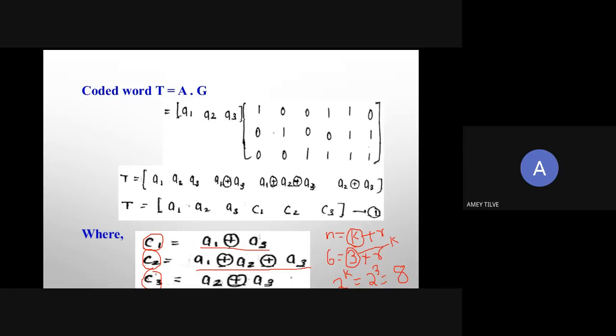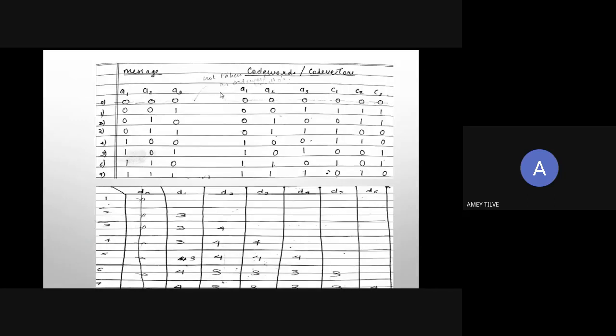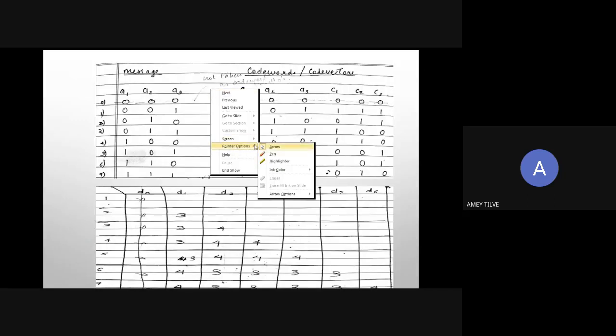Now I need to calculate what these code words are, based on the form that we have got over here. What is this K? The total number of bits present in your actual information is nothing but 3. So we have to write down the values. Your binary can be represented either in the form of 0 or 1. Don't look at the right hand side part, just look at this part.